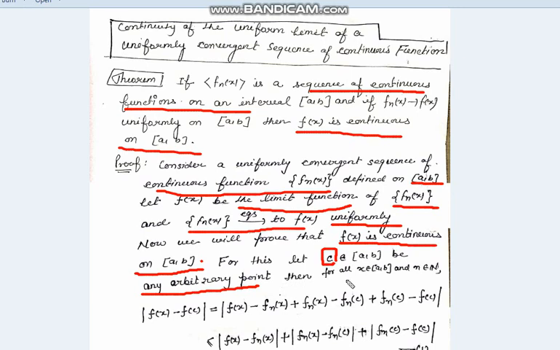Then for all x belonging to the closed interval [a, b] and for all natural numbers n, we know that |f(x) - f(c)| is equal to |f(x) - f_n(x) + f_n(x)|. So we can cancel out these two terms, and similarly we add and subtract f_n(c). So we add these two terms f_n(x) and f_n(c), and subtract the same from these equations.